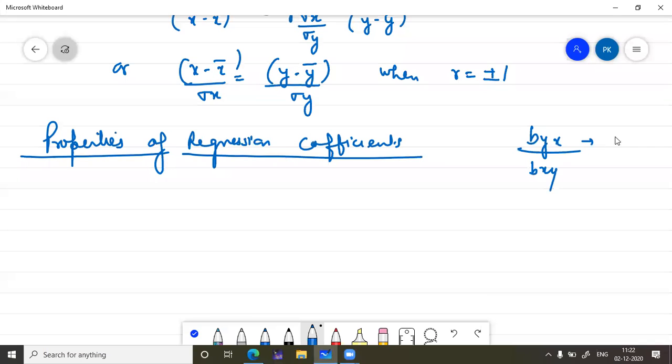This is the regression coefficient y on x and this one is x on y. So the first property here is the product of two regression coefficients will never exceed 1. Do remember these properties, it will always be used in solving the problems also.